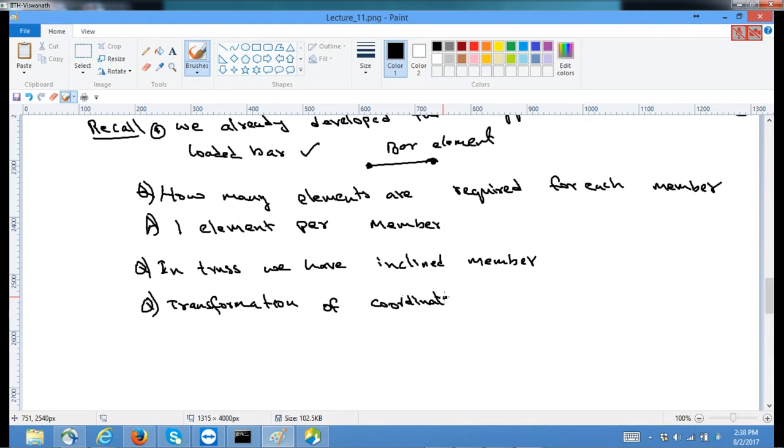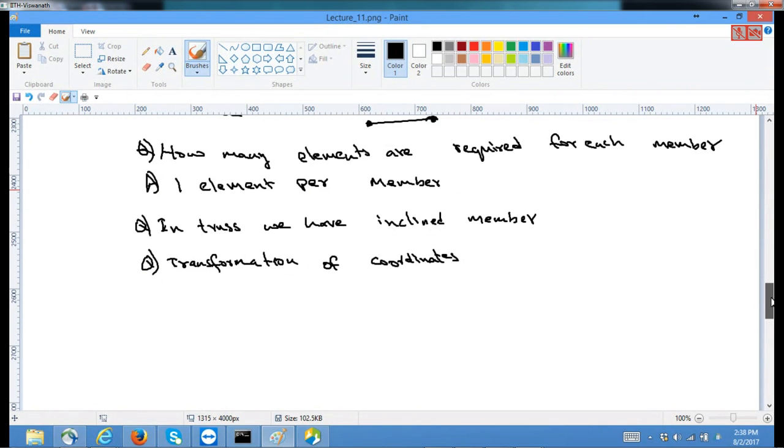If we learn the transformation of coordinates, then we are in a better position to deal with inclined members by transforming the coordinates or axes. Since we already have the transformations as well as the single element stiffness matrix, we can develop the stiffness matrix of an inclined member.